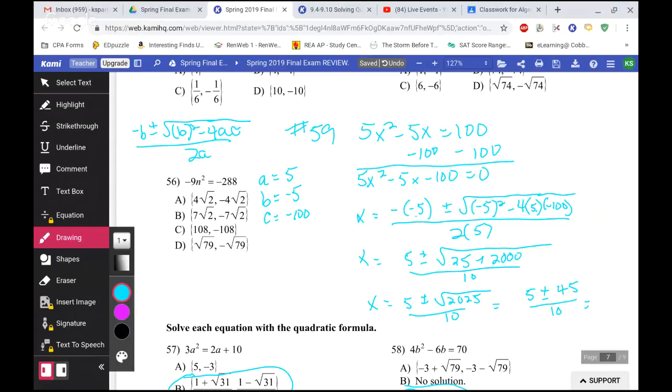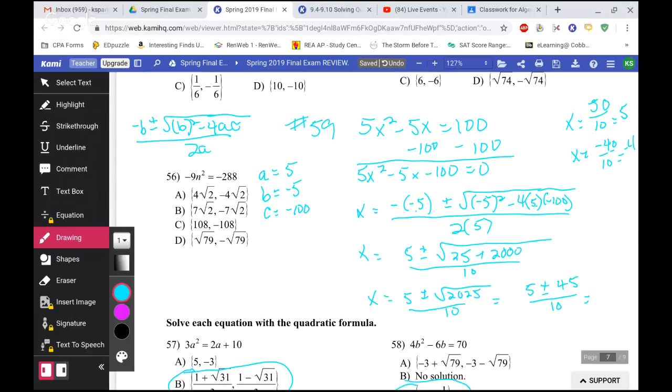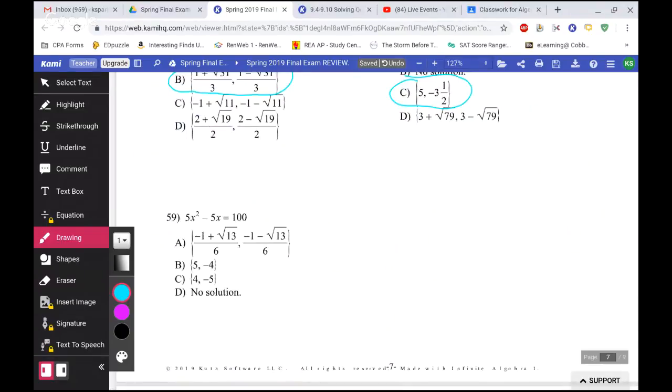So now 5 plus 45 is 50 over 10, which equals 5. 5 minus 45 is negative 40 over 10, which is negative 4. So 5 and negative 4 are your answers.